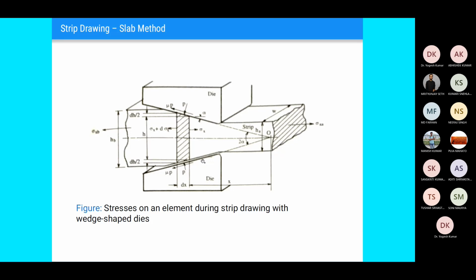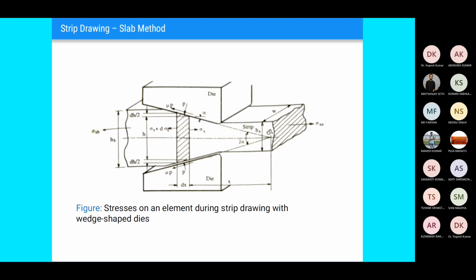A slab is a small element which is having some small thickness. In this case, this is the particular metal part which is going through plastic deformation.